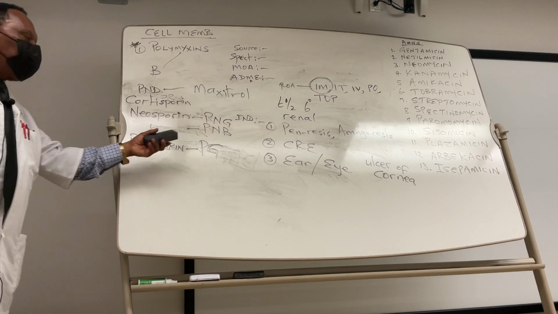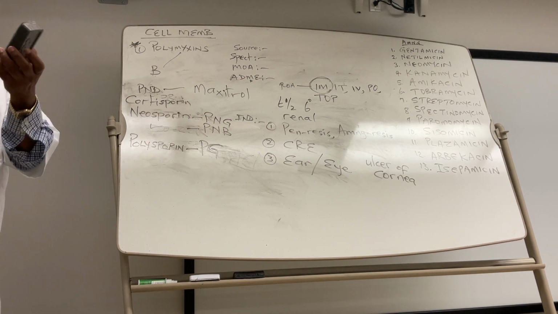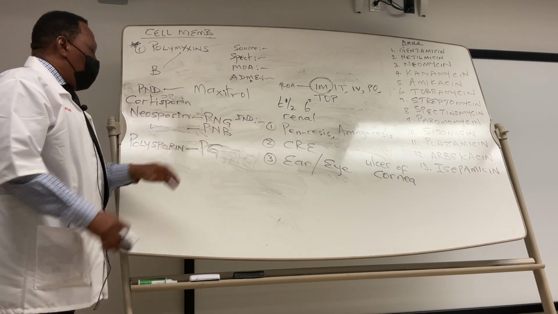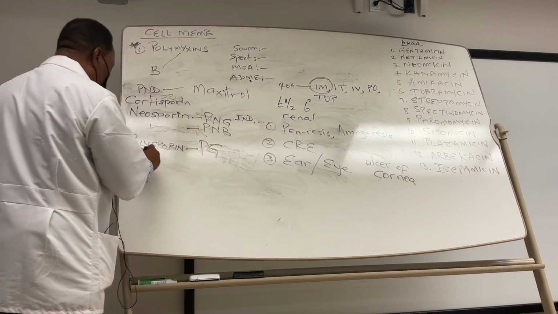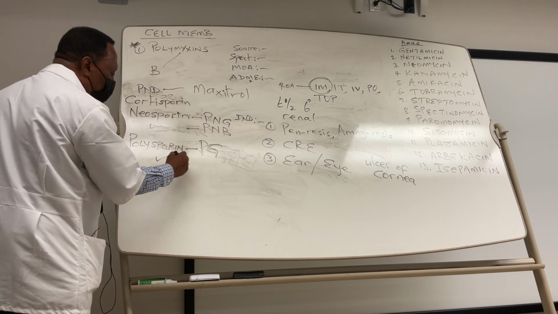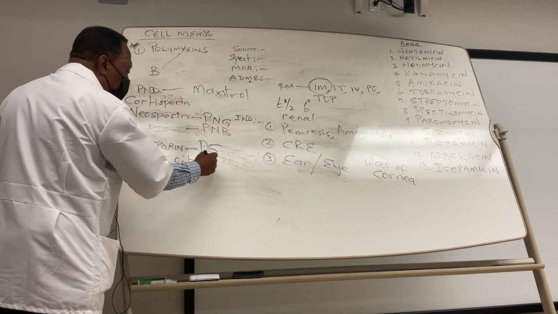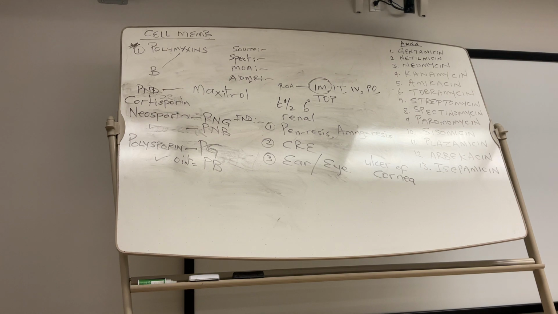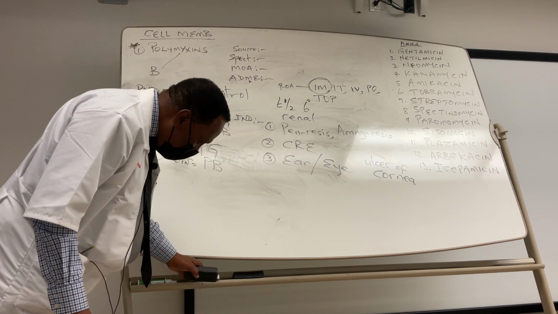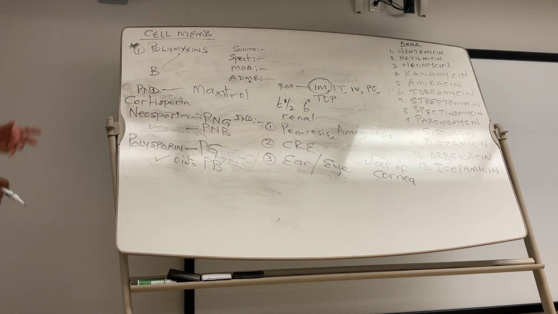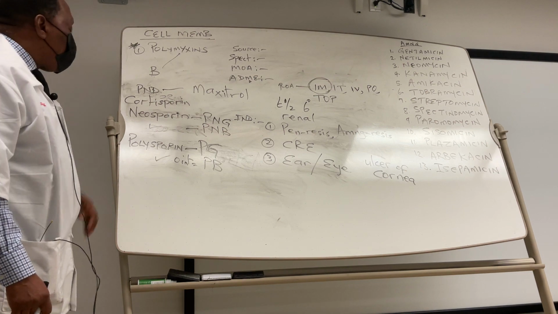So the Polysporin will be polymyxin with your gramicidin. And this will be the solution or suspension. Then you have Polysporin ointment, which will be polymyxin with bacitracin. Okay. So those are some that you can come across.